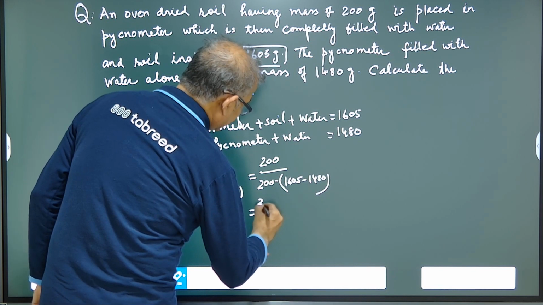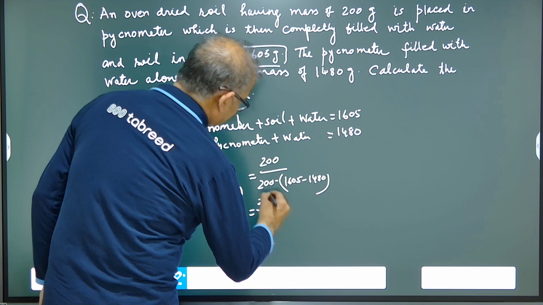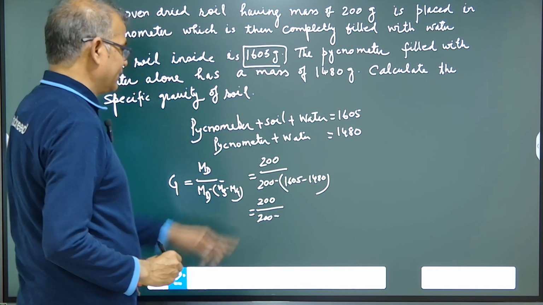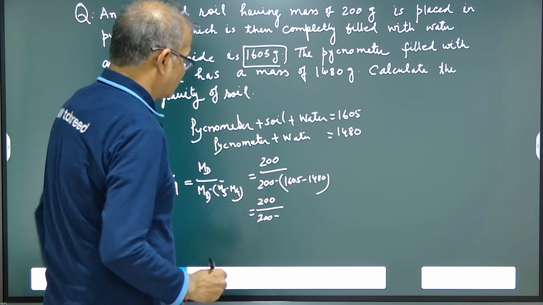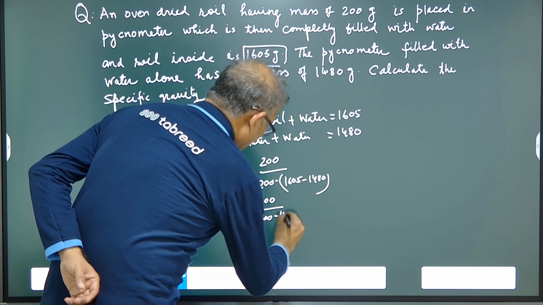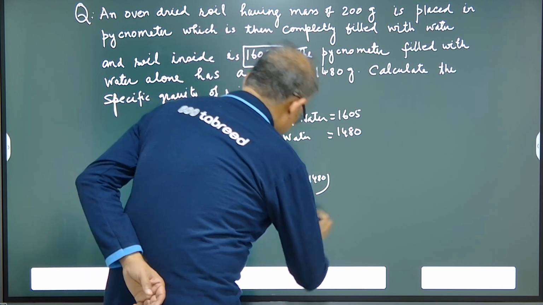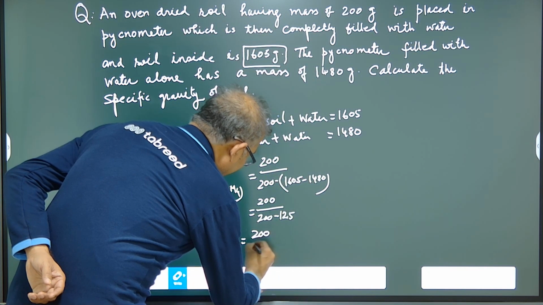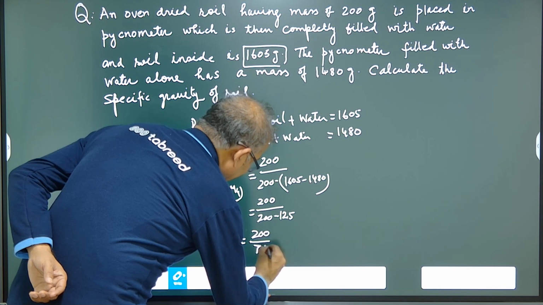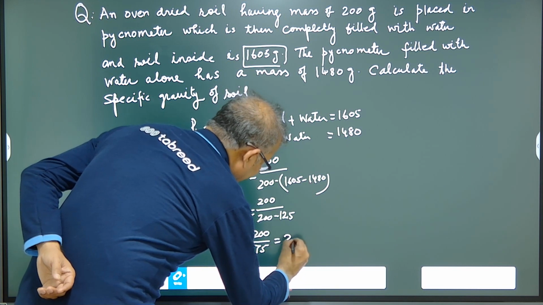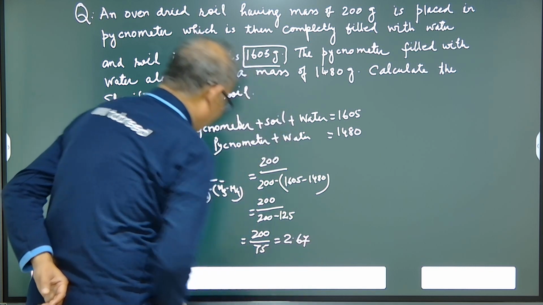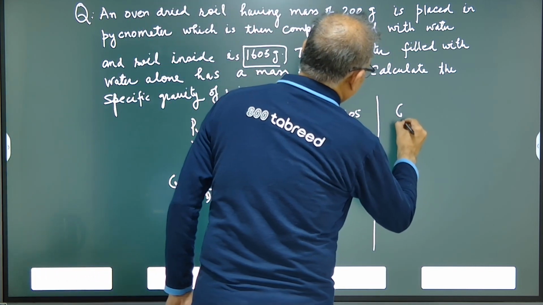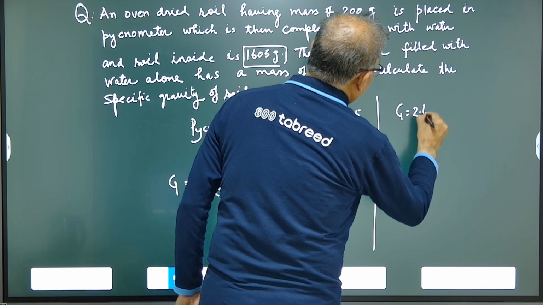So 200 divided by (200 minus 125), that is 200 by 75, which is equal to 2.67. So the specific gravity determined for this question is 2.67.